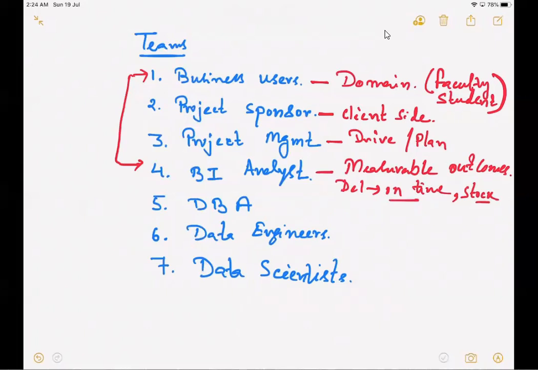Moving further, the fifth set of people, as discussed, are the database administrators. These people are very good at building reports, creating the data structures, or moving the data from one source to another.